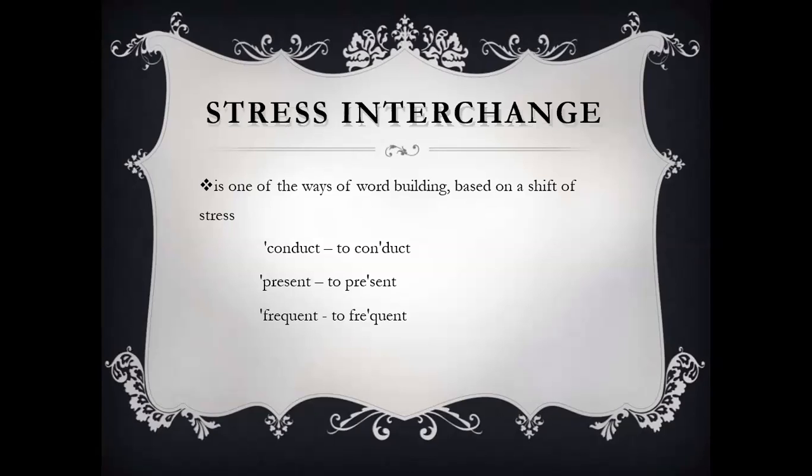Or present, this is to show something. So when the stress is shifted, the meaning of the word is changed, and sometimes the part of speech is also changed. So that was all of our presentation.